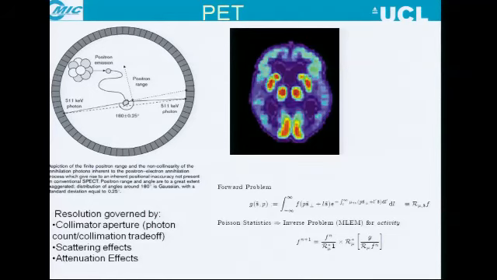Emission tomography looks similar. There are different ways of doing emission tomography. The principal ones are PET and SPECT. There are some differences between them which I probably don't have time to discuss exactly, but here's positron emission tomography, which I decided to look at because it looks more like CT.